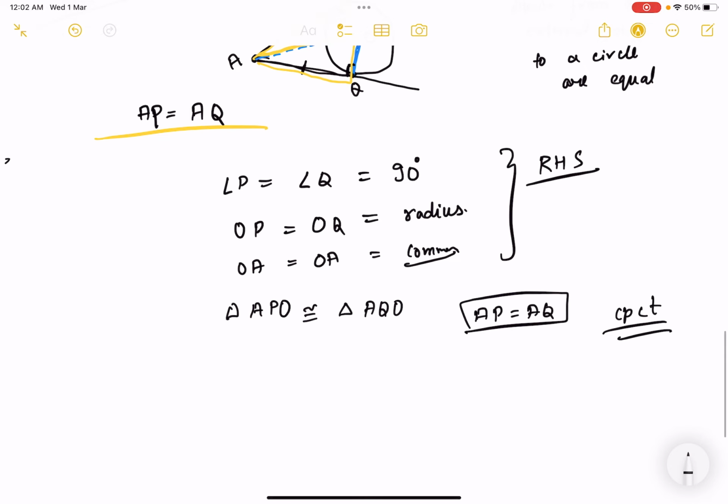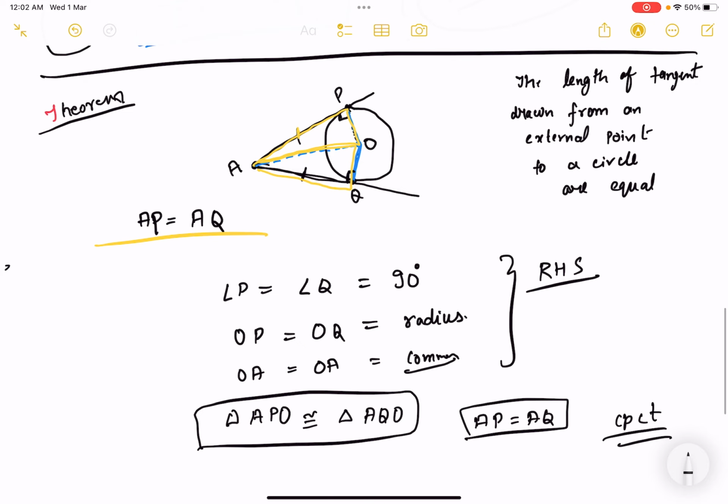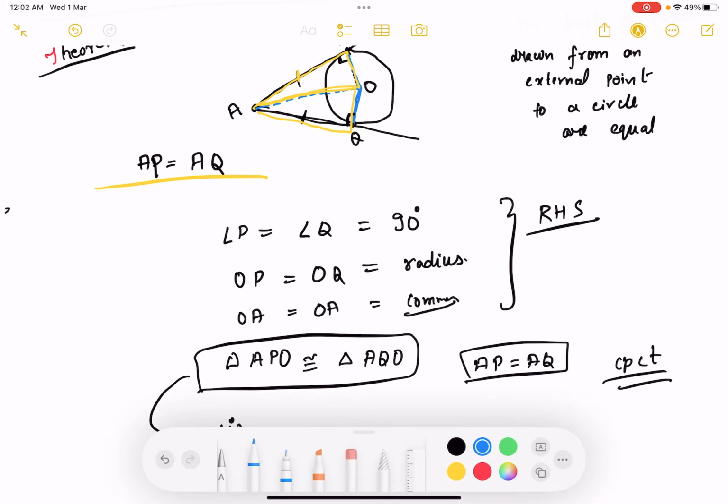Okay, so from here, as the triangles are congruent, we can also conclude two more things. The first is that the tangents subtend equal angles at the center. That means this angle will also be equal, because the two triangles are congruent. So it means that the tangents subtend equal angles at the center.